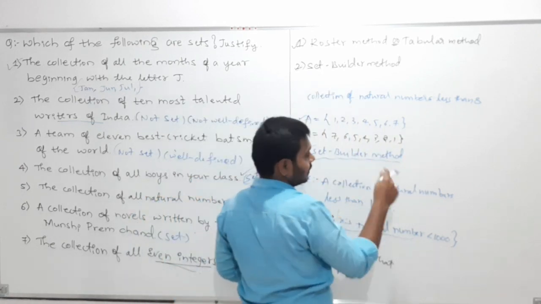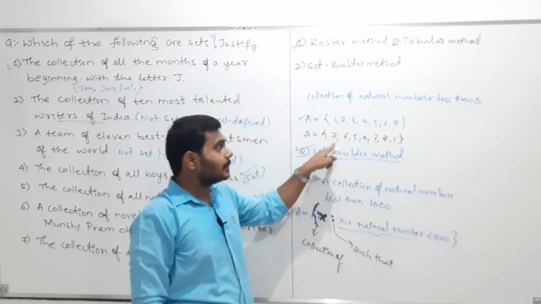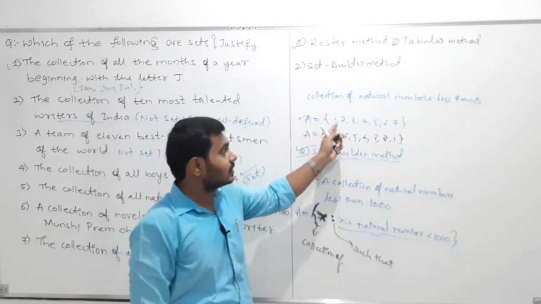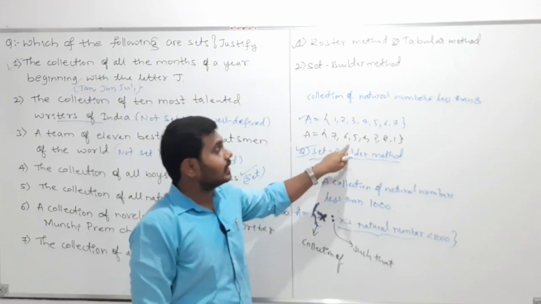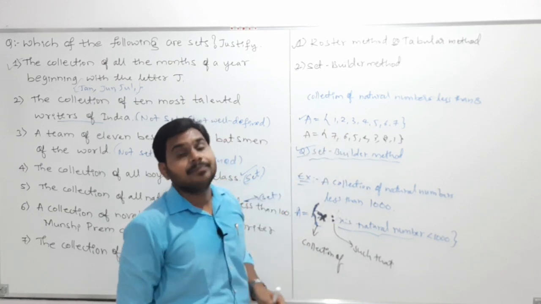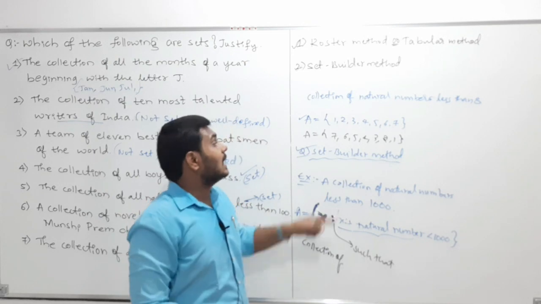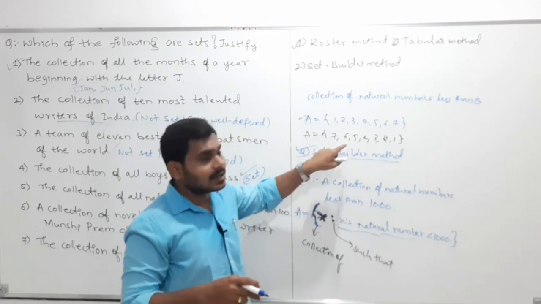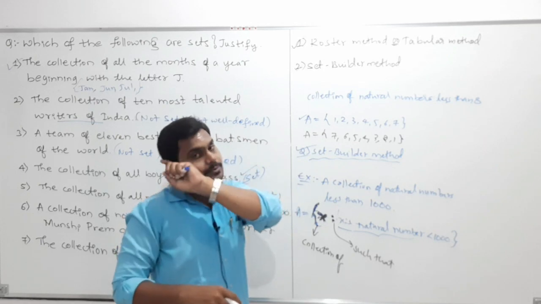Whenever you write a set, order is not important. You can write 1 first, or you can write 2. And if an element is repeated more than once, you take it only once. Understood? Clear?